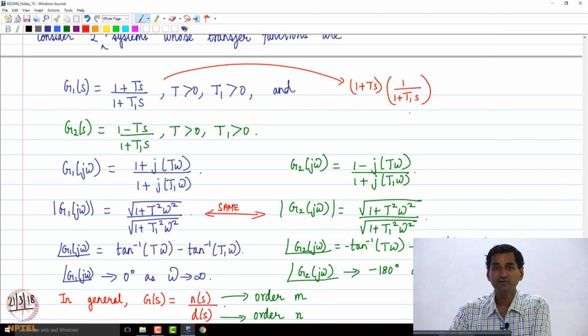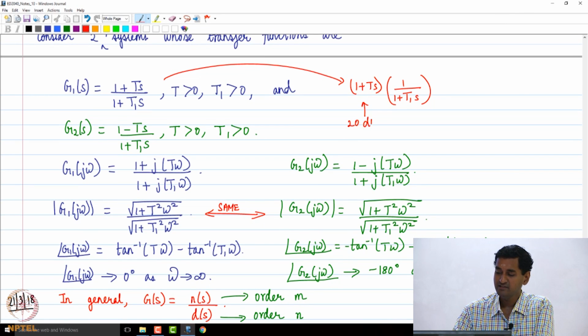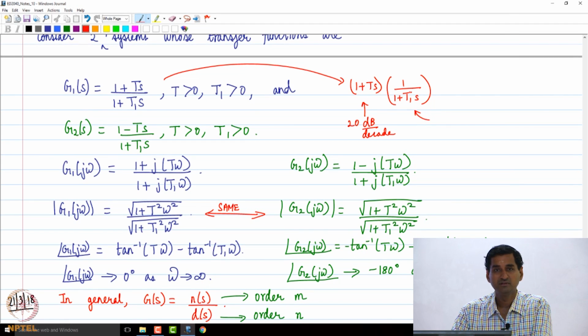We already know from the building blocks that as omega tends to infinity, the slope of 1 plus Ts is going to be 20 decibels per decade. And the high frequency asymptote slope for 1 divided by (1 plus T1s) is going to be minus 20 decibels per decade. So as we go to higher frequencies, the net slope is just going to be the sum, so it is essentially 0.